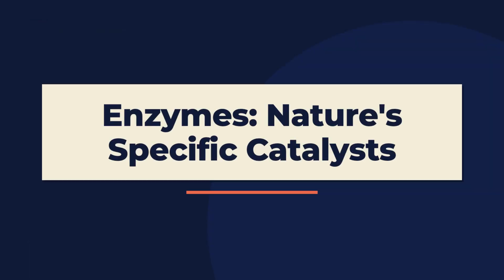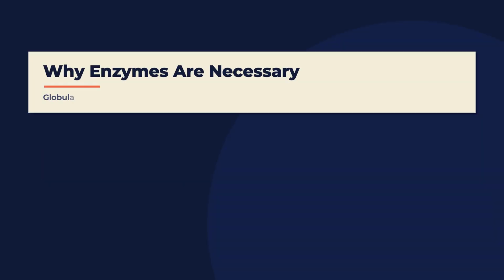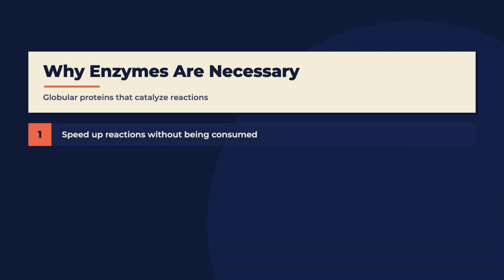Sucrase acts only on sucrose and lactase acts only on lactose, even though the two sugars are nearly identical in size. This isn't a limitation, it's exactly why a cell can control which of its thousands of possible reactions actually happen. Enzymes are globular proteins acting as biological catalysts, speeding reactions without being consumed.